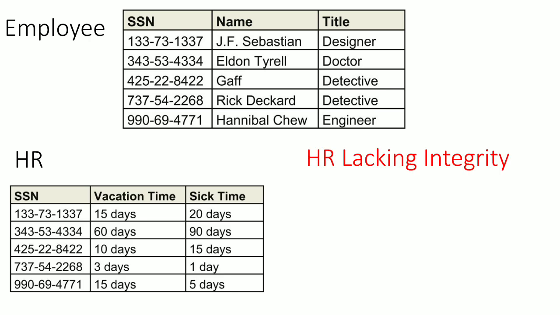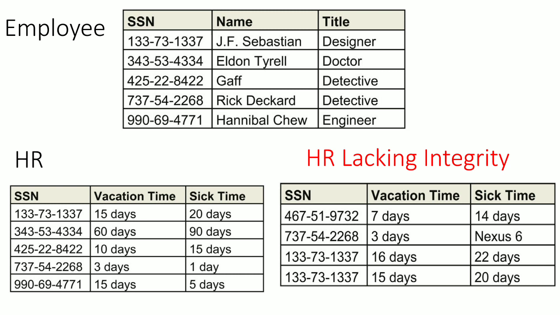But over here, this is again the same child table of HR, and its parent is the employee table. And here you can see that the first tuple lacks the referential integrity, because the first SSN does not correspond to any SSN in the employee table, which is the parent table.